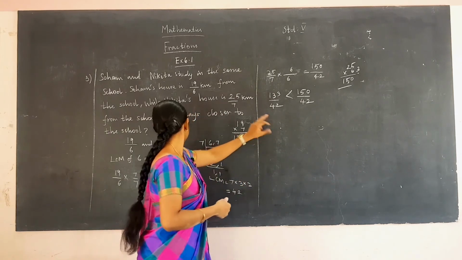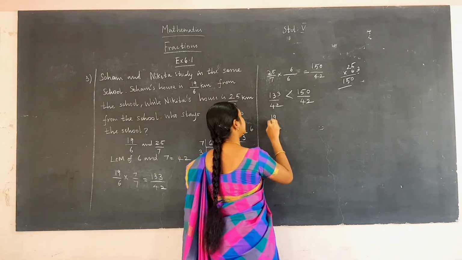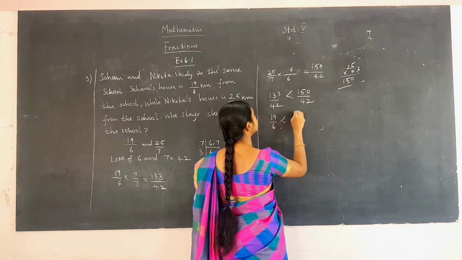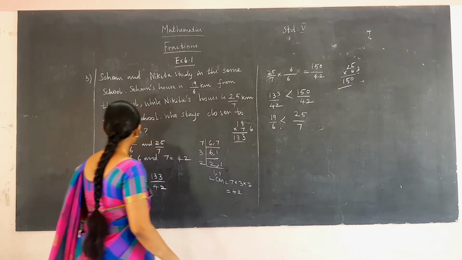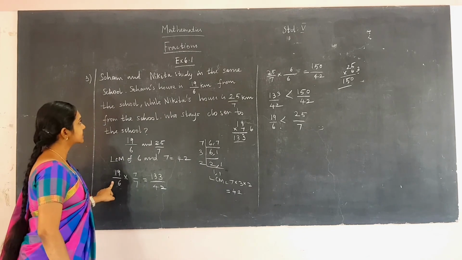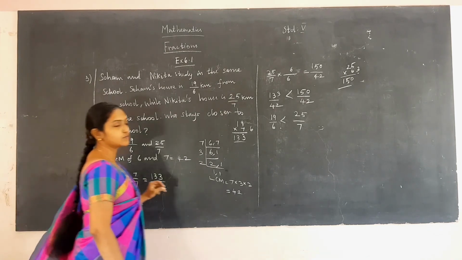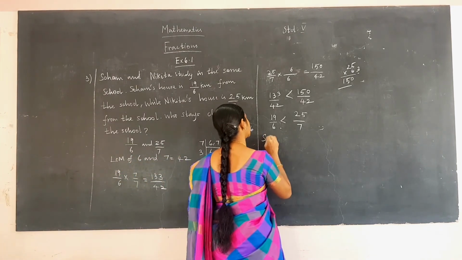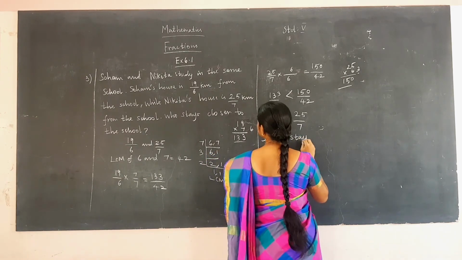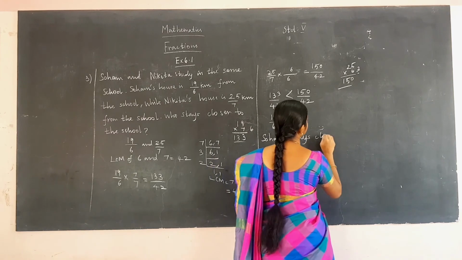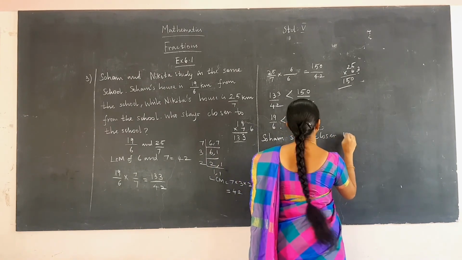The equivalent fraction for it is 19 by 6, which is less than 25 by 7. 19 by 6 is the distance from Sohan's house. So, Sohan stays closer to the school.